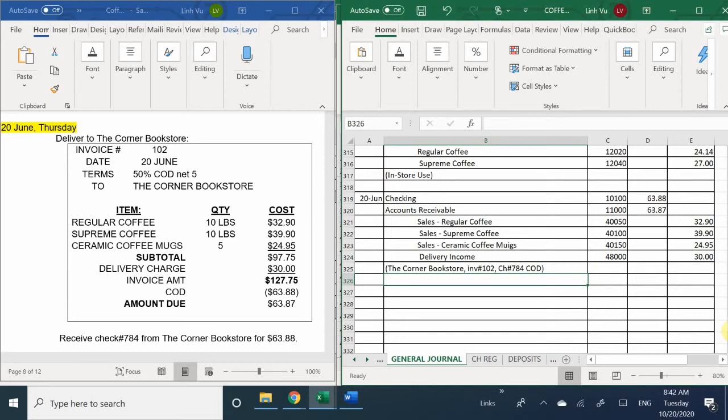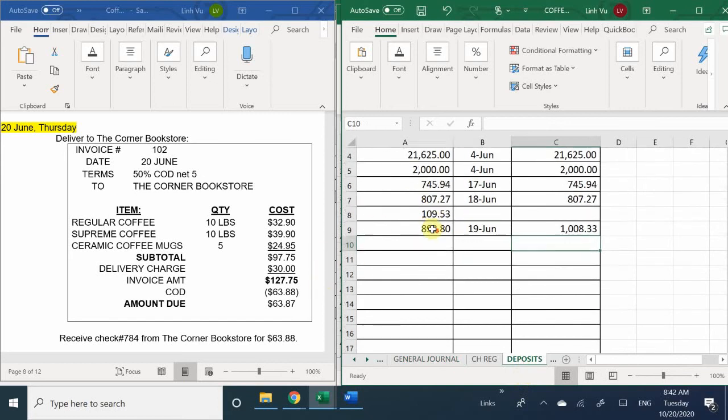That's a payment from corner. It's a check that we received, not being issued. So where does that go? It goes in deposits. Again, we will just recognize it. We're not going to deposit it until the end of the day. So I'm just going to hang on to that $63.88 in my deposits. I will deposit it later tonight.